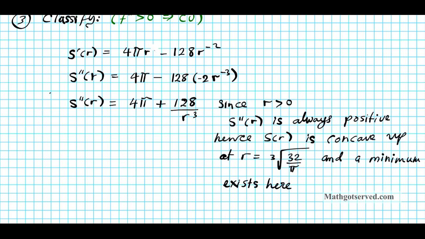Okay, so by the second derivative test, if the second derivative is positive and you have a critical point there, that critical point is going to be a minimum. All right, so that's the kind of situation we have. All right, so that's basically the value that we're looking for here.